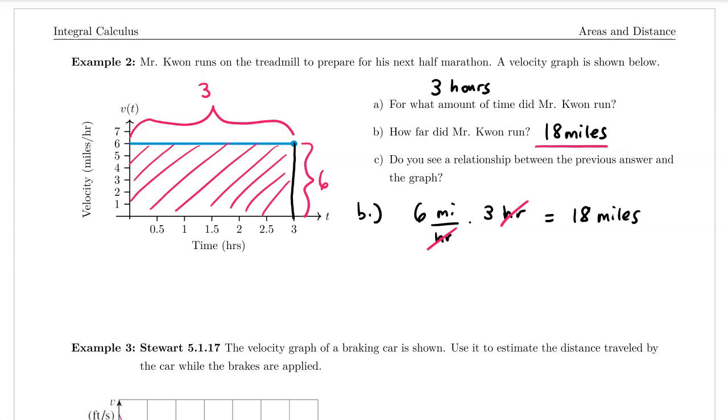Although it doesn't look like it because the scales for the axes are different, those are the correct dimensions.